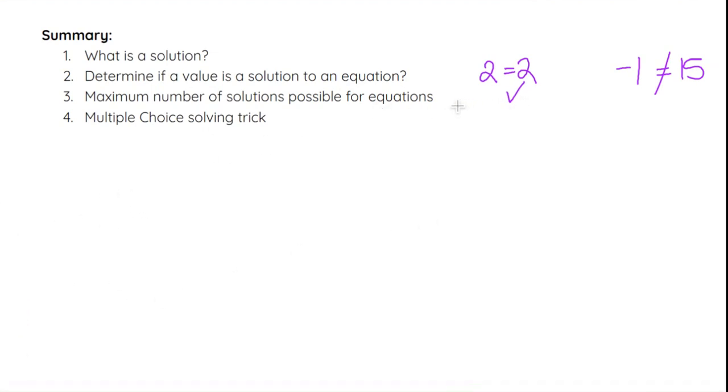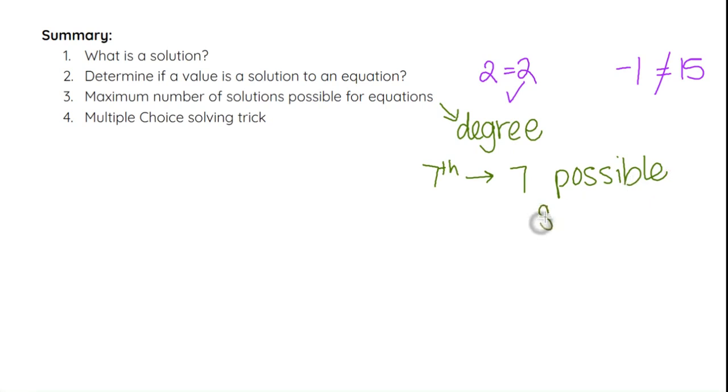The maximum number of solutions possible, remember that was based on the degree. So the degree told us the maximum number. If it was, let's say, a 7th degree, then it would be up to 7 possible solutions. Remember, it's up to, so this wouldn't just be that there's 7 for sure.